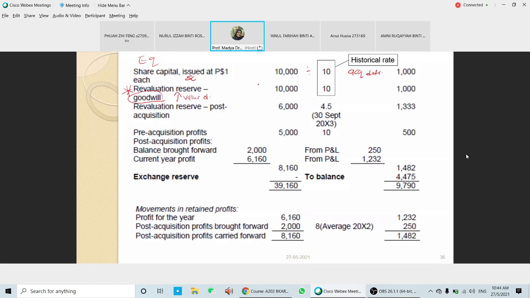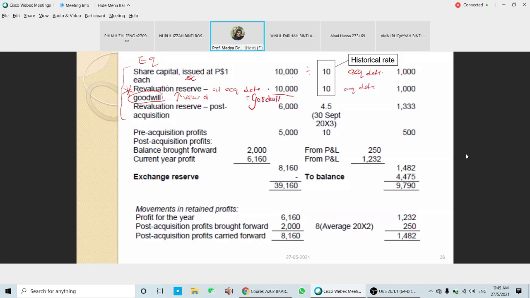The amount of goodwill here is 10, and 10 should use the acquisition date rate. So in the equity section you're going to have two types of revaluation reserve. One is for the goodwill. This one is the revaluation reserve at the acquisition date, which refers to your goodwill because the value of assets has been revalued.